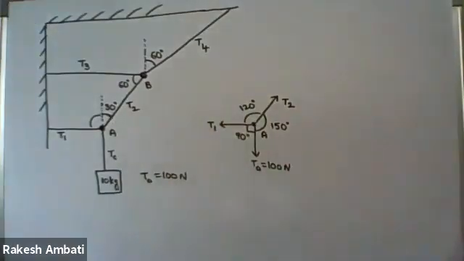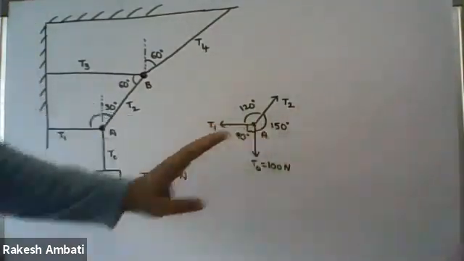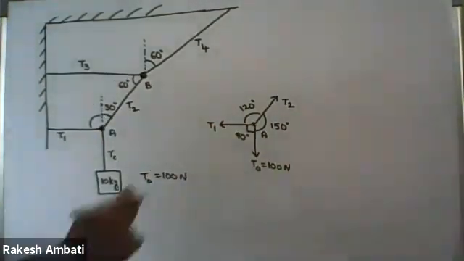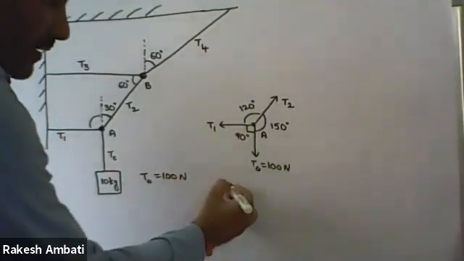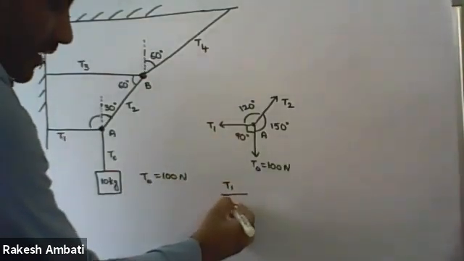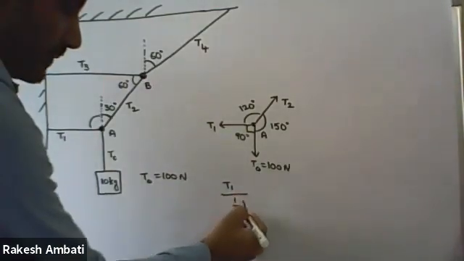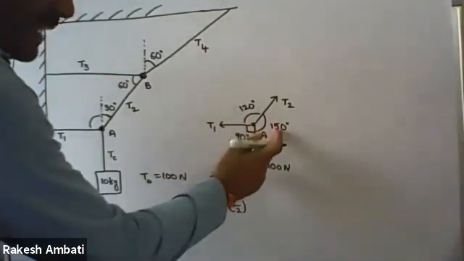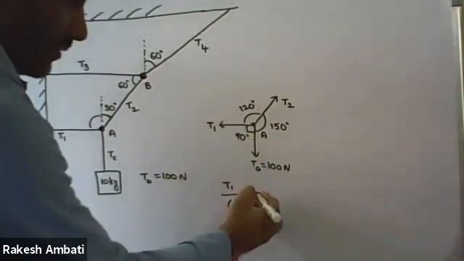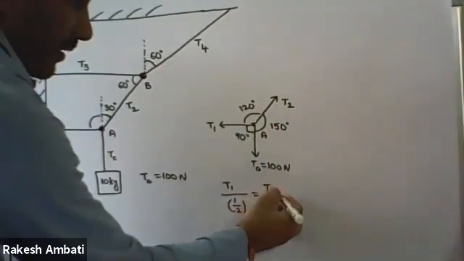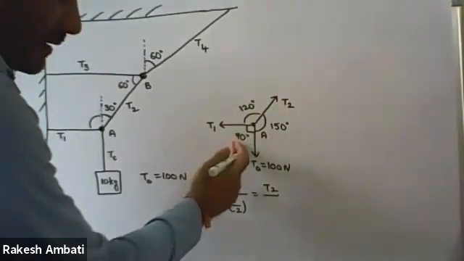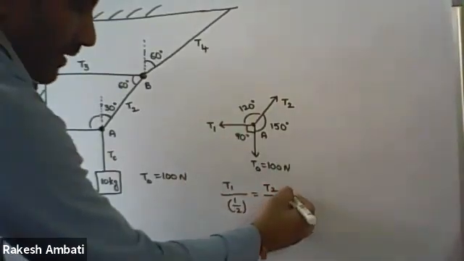150. So for tied point A, you apply Lamis theorem. If we apply Lamis theorem, T1 upon sine 150, sine 150 value 1 by 2, equal to T2 upon sine 90. Sine 90 value equal to 1.